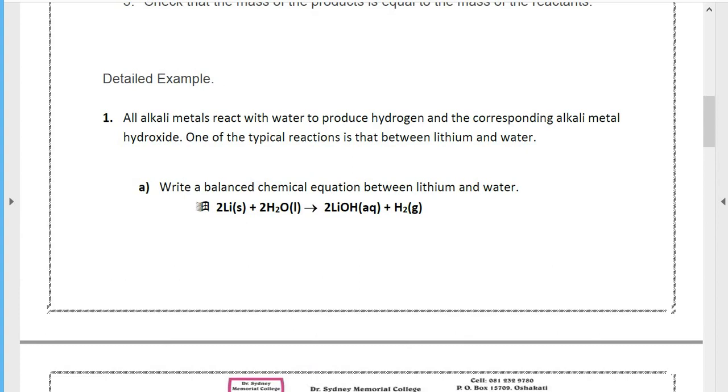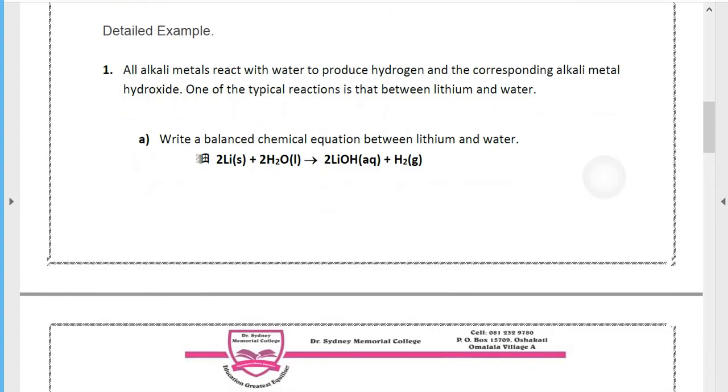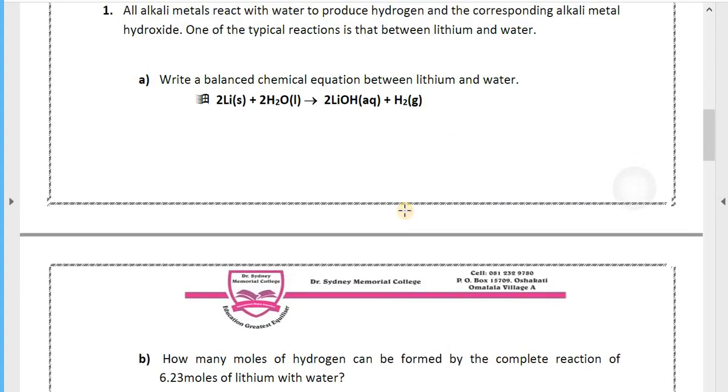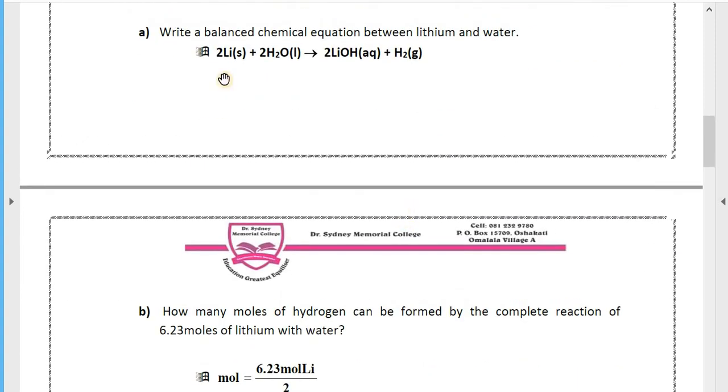When we talked about the reactions of group 1 elements with oxygen, with halogens and with water, we explained which products would be produced. Products are what is produced. Reactants are on the left hand side of the equation. On the right hand side of the equation you have your products. So you should know how to write this equation and how to balance it.